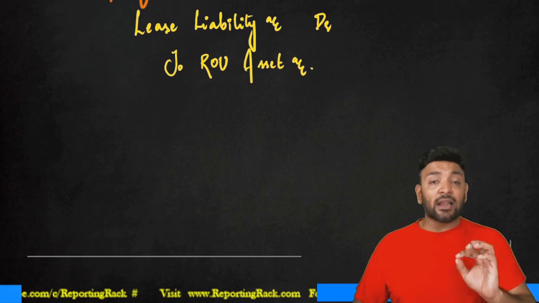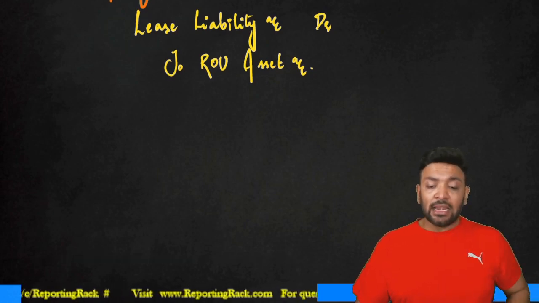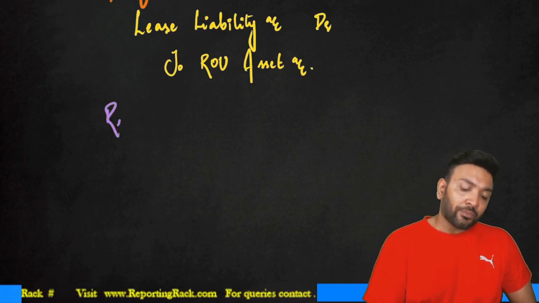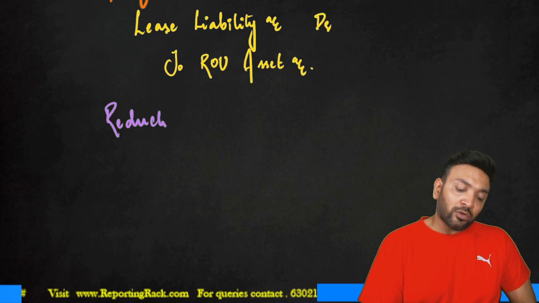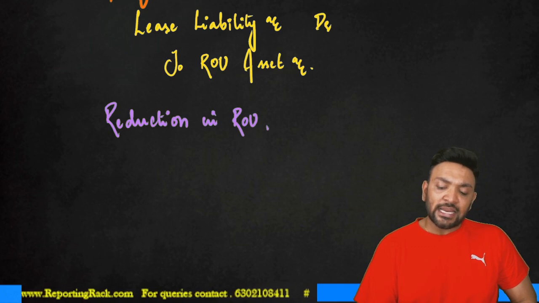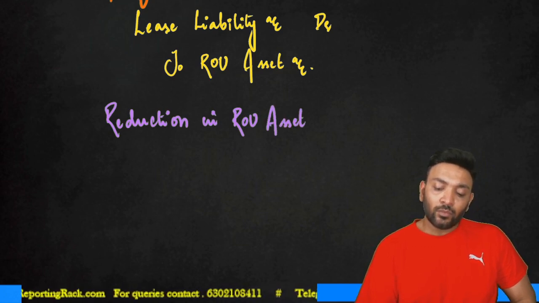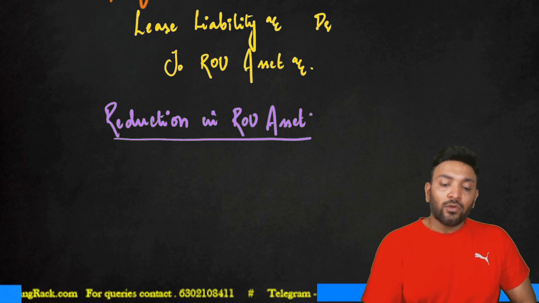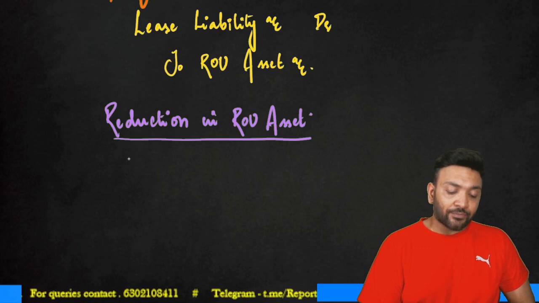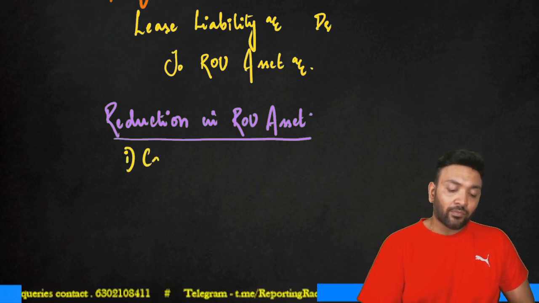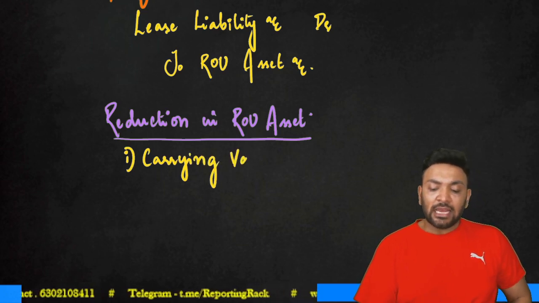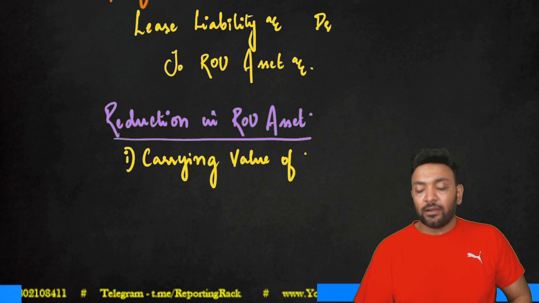So as of now, let me understand what is a reduction in lease liability and reduction of ROU asset. First, let me start with reduction in ROU asset. Let me first begin with the carrying value of the ROU asset.